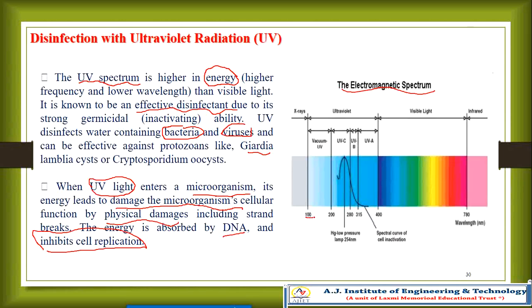Up to 100 nanometers is the X-ray zone, and at 200, 280, 315, 330 you have the variety of UV distribution, the ultraviolet spectrum zone, with the special curve of cell inactivation. You can see it here. This is very important in our water treatment processes. We'll move to another slide.